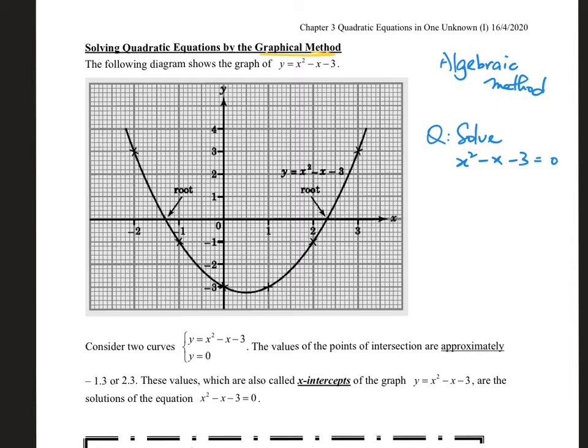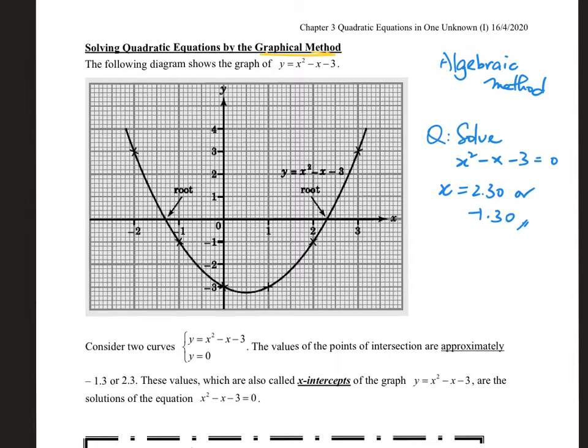Let's check together with the formula on your calculator. Can you get the answer like 2.30 or minus 1.30? So this is by calculator.